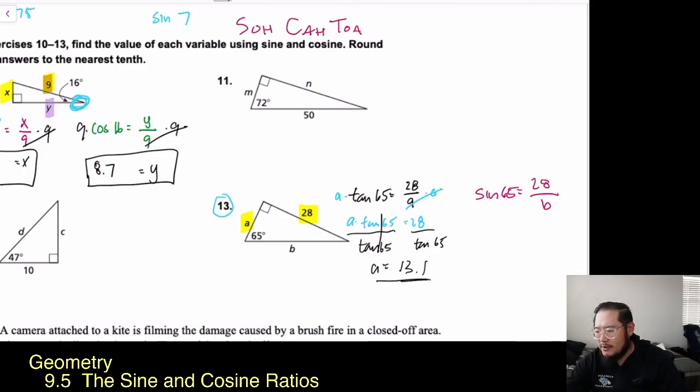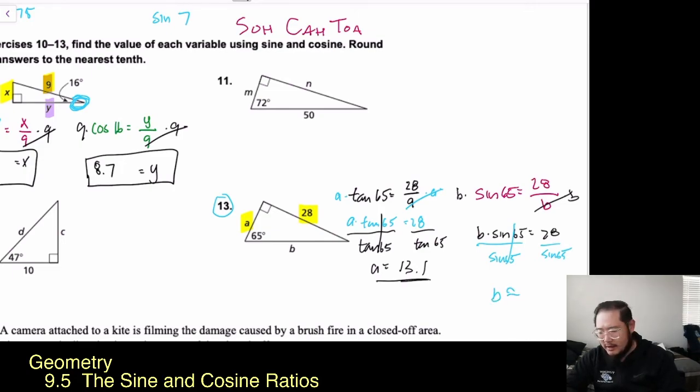We'll do pretty much the same steps as what we just did to solve for A. We'll multiply both sides by B. B times sine 65 is equal to 28. And then let's divide both sides by sine 65. So B is 28 divided by sine of 65.